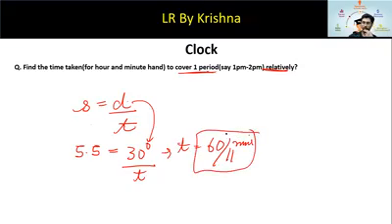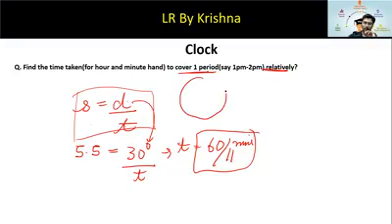I hope this is clear to everyone. Simple concept. I'll just use relative speed here in clocks. That's it. So how 30 degrees? Okay, Sima. See, this was 12, this was 1. I'm asking the question that they have to cover one period relatively.